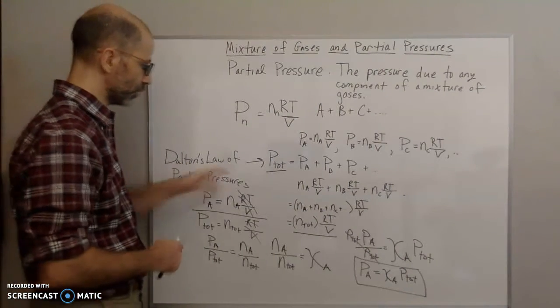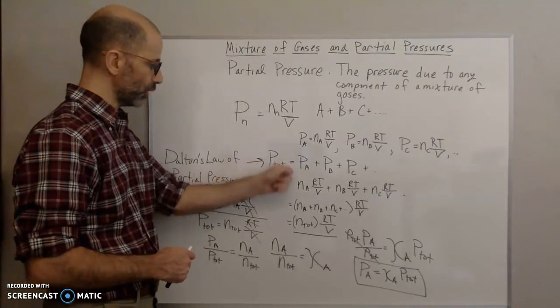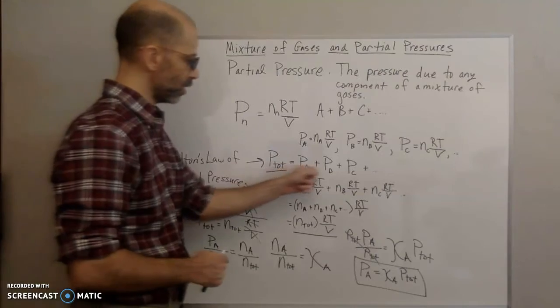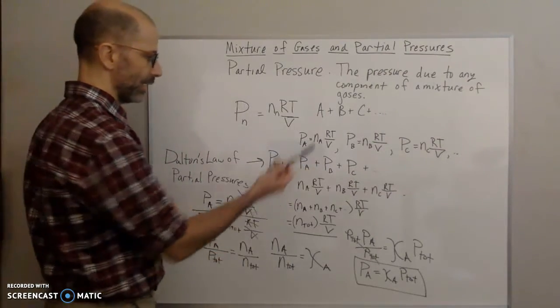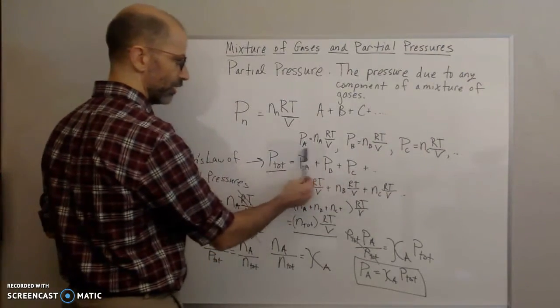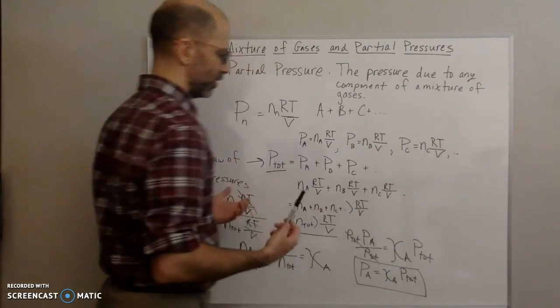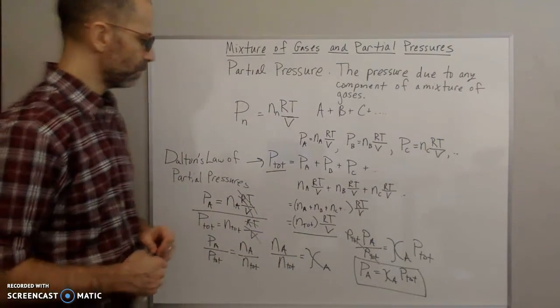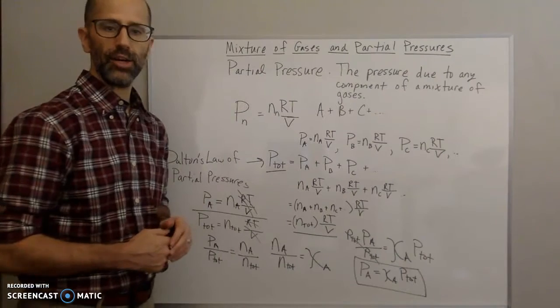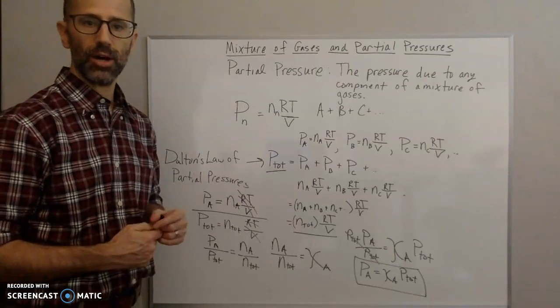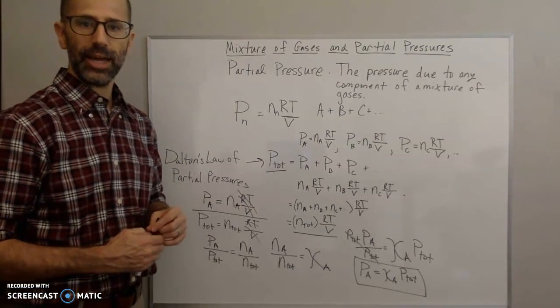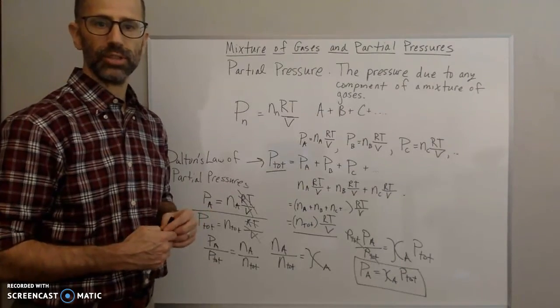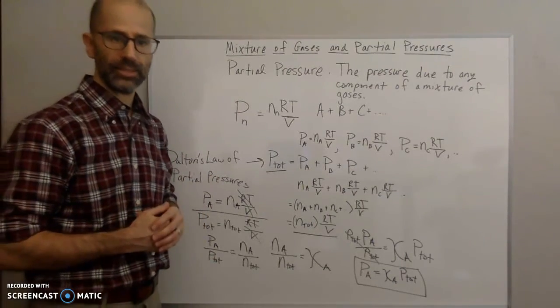Dalton's law of partial pressure is going to be useful. The total pressure is equal to the sum of the partial pressures of the gases. And again, you can find the partial pressures of the gases using the ideal gas law as well. So there's a lot here that is going to be useful when we're talking about partial pressures and mole ratios and things like that, when we're talking about mixtures of gases.